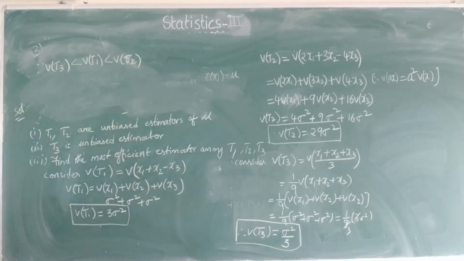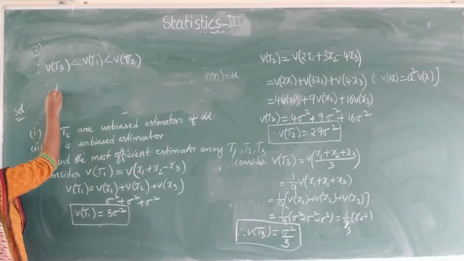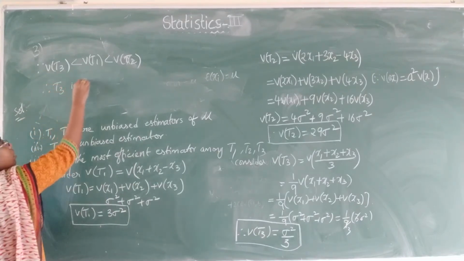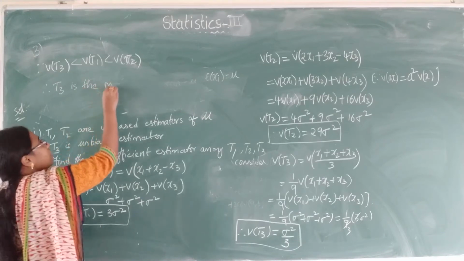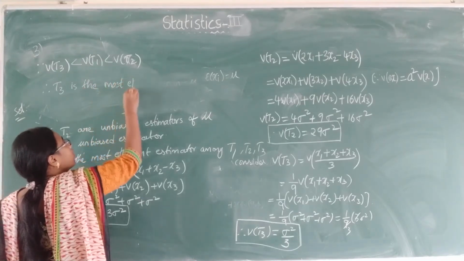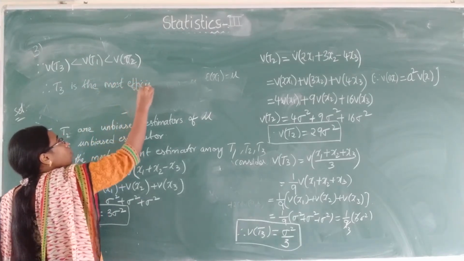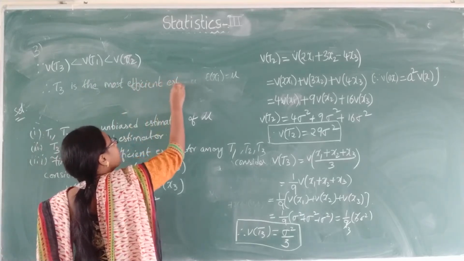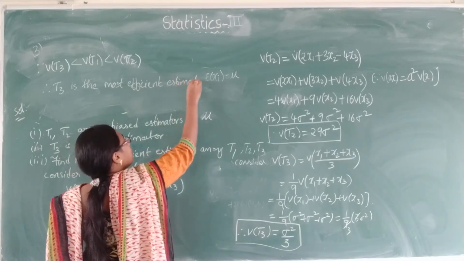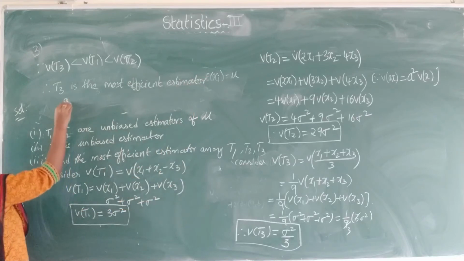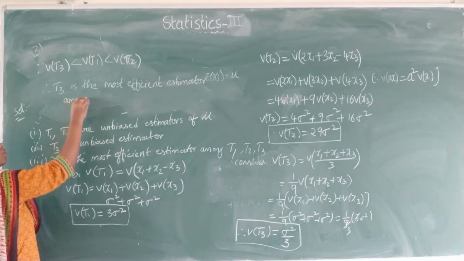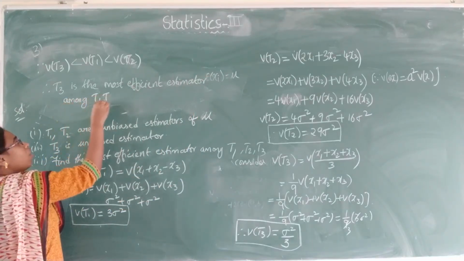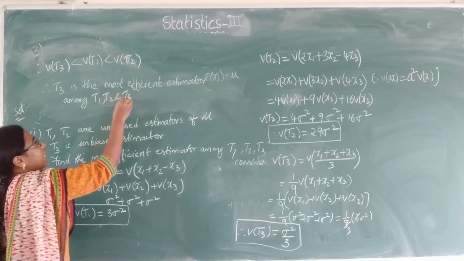Which one is having the least variance? T3. So therefore T3 is the most efficient estimator among T1, T2 and T3.